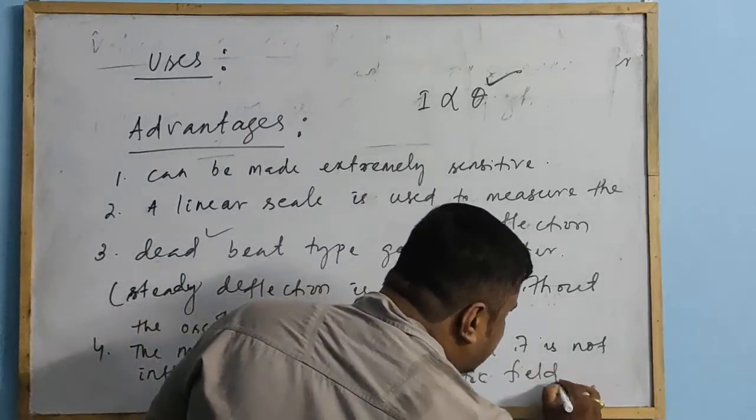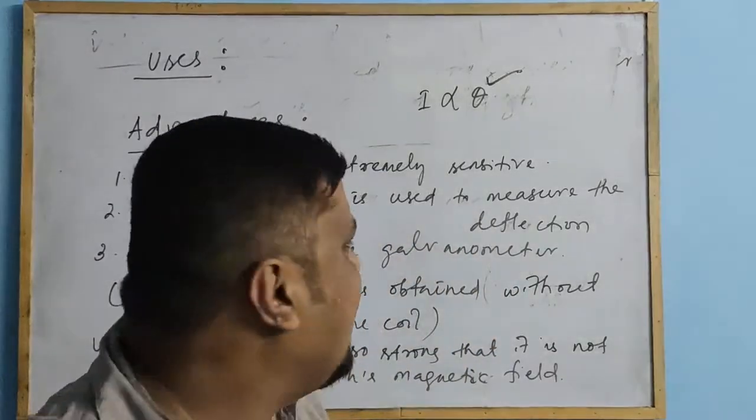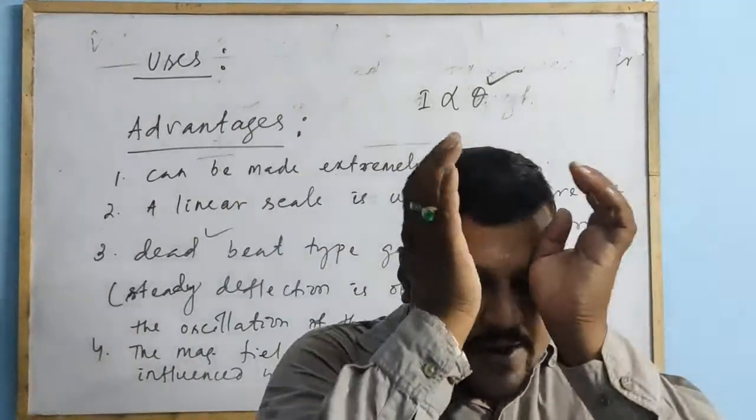It is not influenced by Earth's magnetic field. Okay. So these are the advantages of a moving coil galvanometer.